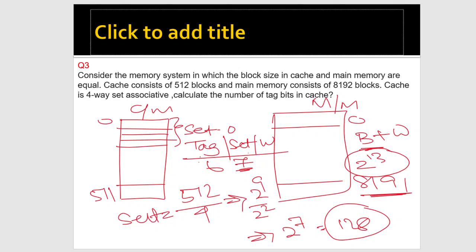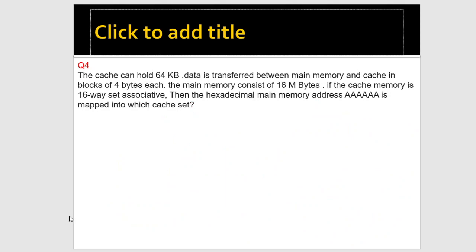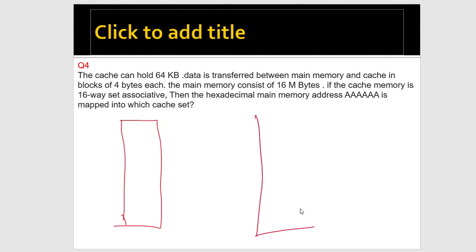And now coming to another question. Let me draw this first. This is my main memory. This is my cache memory. The cache holds 64 KB, and the block size is 4 bytes.